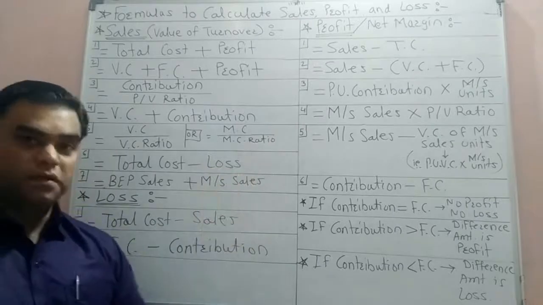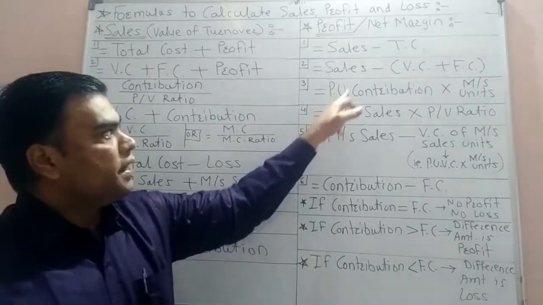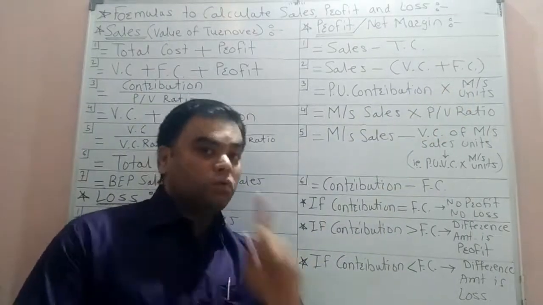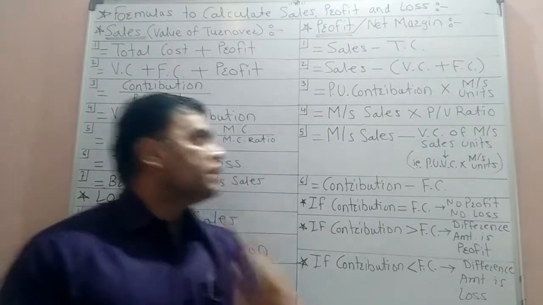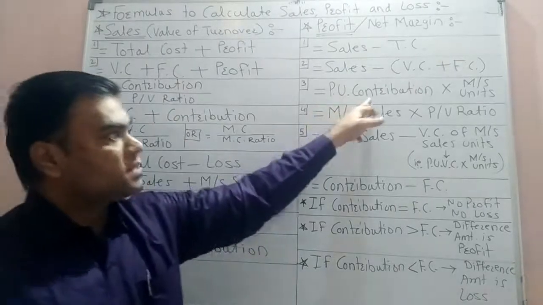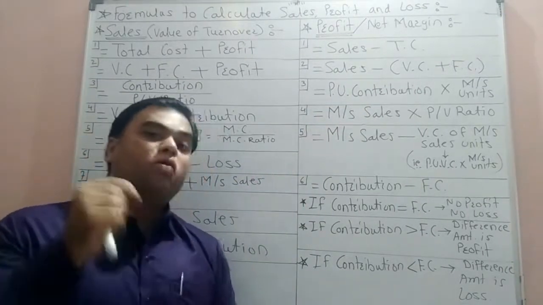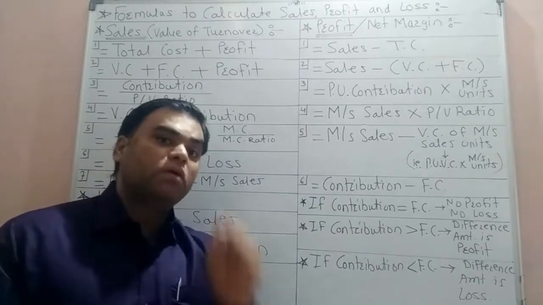Next, third: per unit contribution into margin of safety units, not total units, margin of safety units. Why does this formula work? As we know, at margin of safety sales level, contribution takes the form of profit.